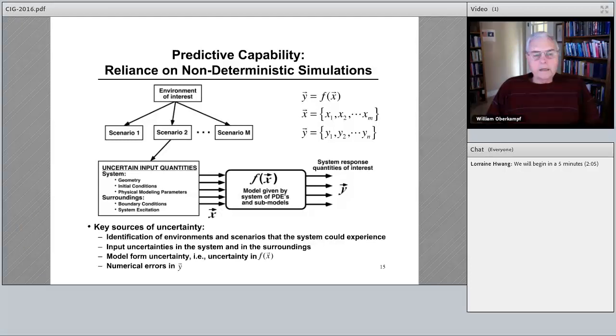So that vector X is propagated through, say, the code for now, and it produces a system response vector, and usually the length of that vector is a lot shorter than X. Y can be, for example, 5, 10, maybe 20 different output quantities, sometimes called quantities of interest, and that's fine. And if this is a non-deterministic simulation, each one of these is a probability distribution. It doesn't have to be, it can be a scalar.